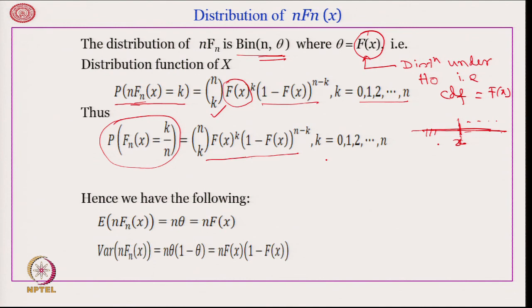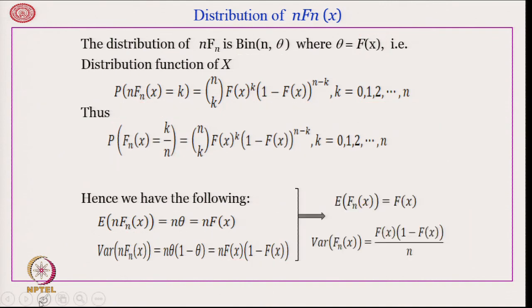If that is a binomial distribution, then the expected value of n Fn(x) is equal to n theta, which is n F(x), where F(x) is the distribution we are comparing with, and its variance is n F(x) into 1 minus F(x). This is coming from the binomial distribution. What does it imply? It implies that the expected value of Fn(x) is equal to F(x) and the variance of Fn(x) is equal to F(x) into 1 minus F(x) by n.